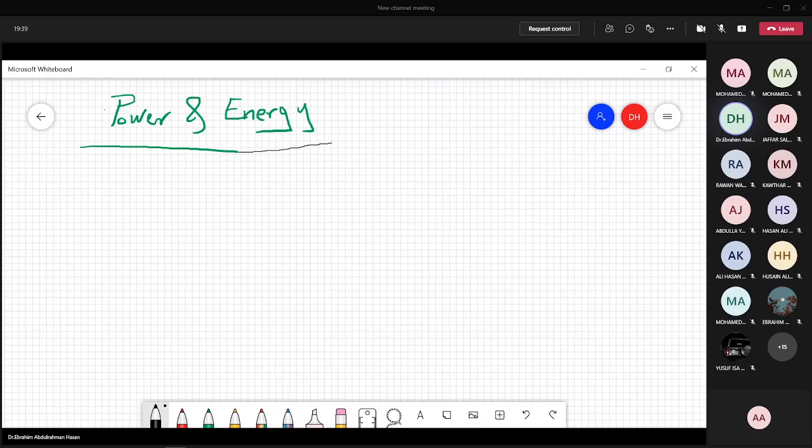So you change one form to another form. You change electricity to light, for example. You change electricity to motion, movement. You change electricity to, for example, heat. These are all energy conversions. Okay, so there is a power.